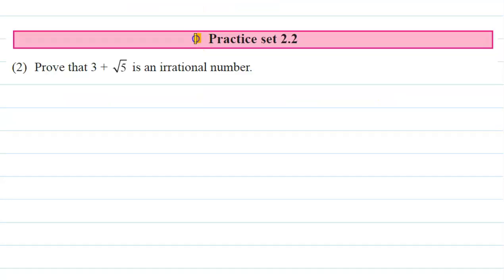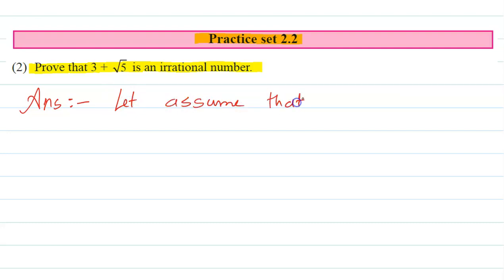Look at question number 2 from practice set 2.2. Prove that 3 plus root of 5 is an irrational number. Again we use the same indirect method of proving. Let us assume that 3 plus root of 5 is not an irrational number.